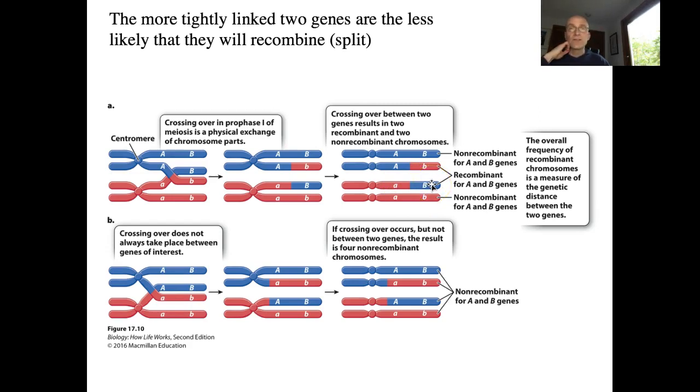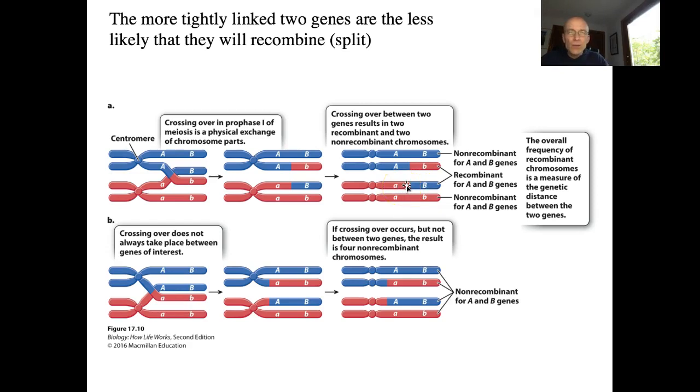Where this happens is completely random, relatively speaking. And so it's more likely that there will be a recombination event, a crossing over event, between A and B if they are further apart from each other.